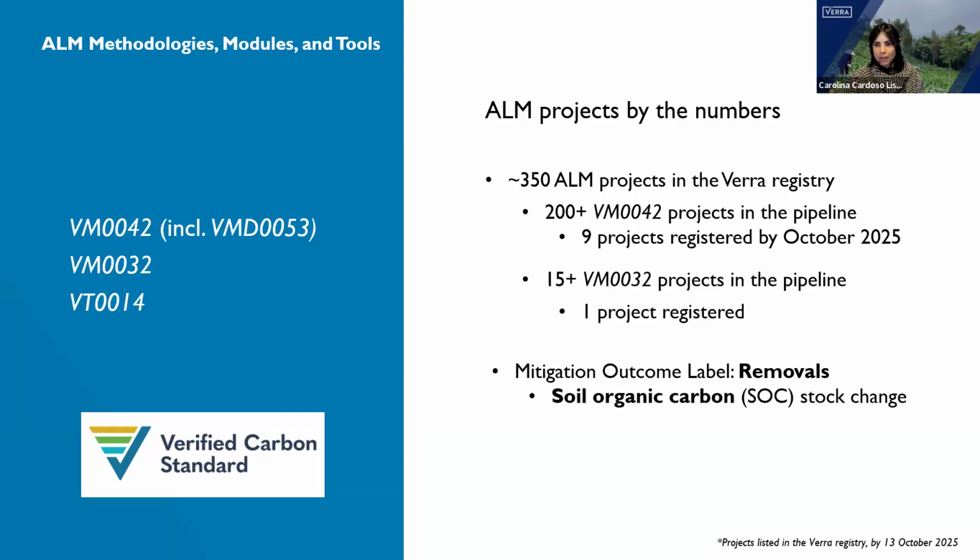What these methodologies have in common is that they focus on the quantification of soil organic carbon stock changes, focusing on the implementation of management practices in the field to increase soil organic carbon stocks. Next slide, please.